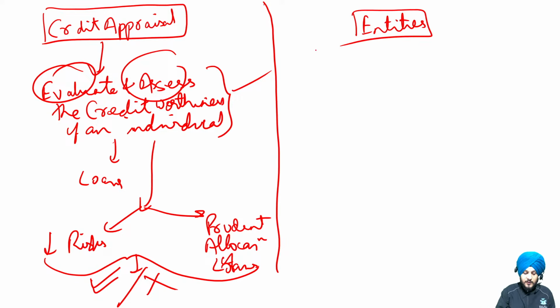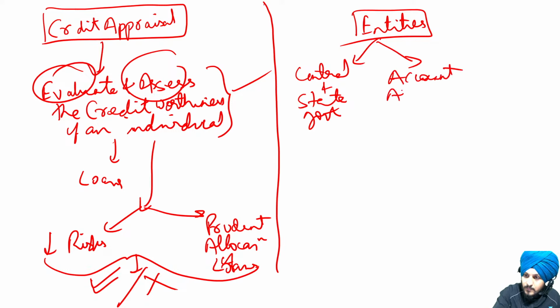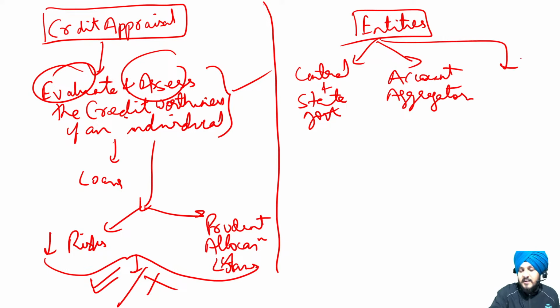Now what type of different entities? Different entities such as the central and state government. Then they may need to contact the account aggregators. Then credit information companies.